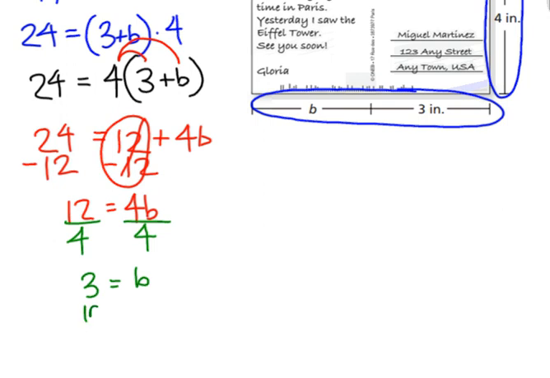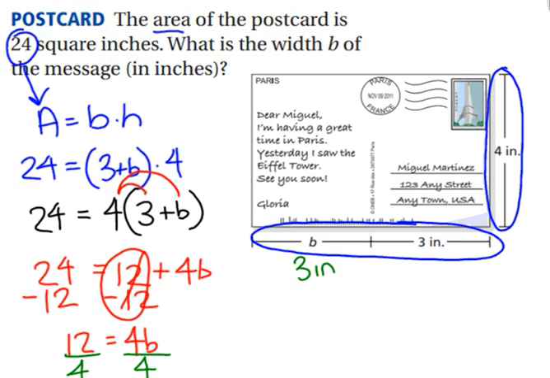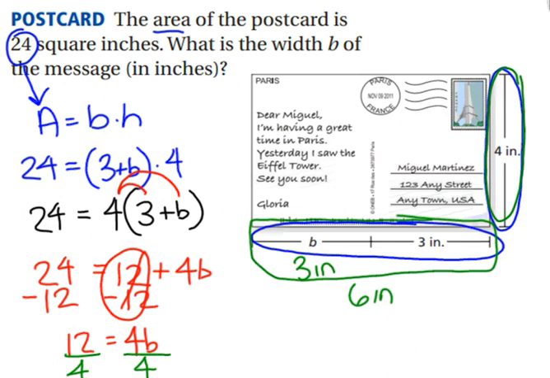This is going to be inches. All right, so we have 3 inches right here. Let's do one quick check just to make sure it works. So this length is now going to be 6 inches, because 3 plus 3 is 6. This length is still 4, and 6 times 4 is 24, which is what they told us it should be.